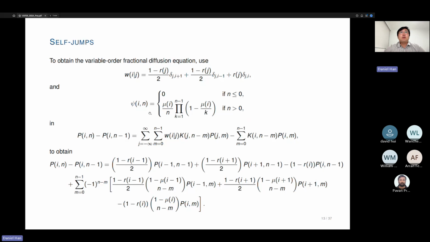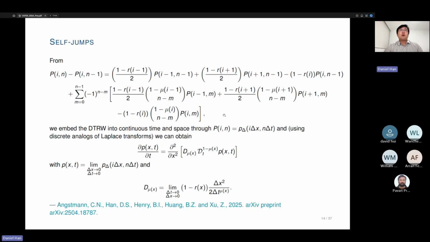If we substitute these into my discrete time random walk governing equation, which is what you see in the equation following, then we obtain this expression, the equation at the bottom. You can see that this sum from 0 to n minus 1 is a discrete analog of the integral kernel that we saw previously.